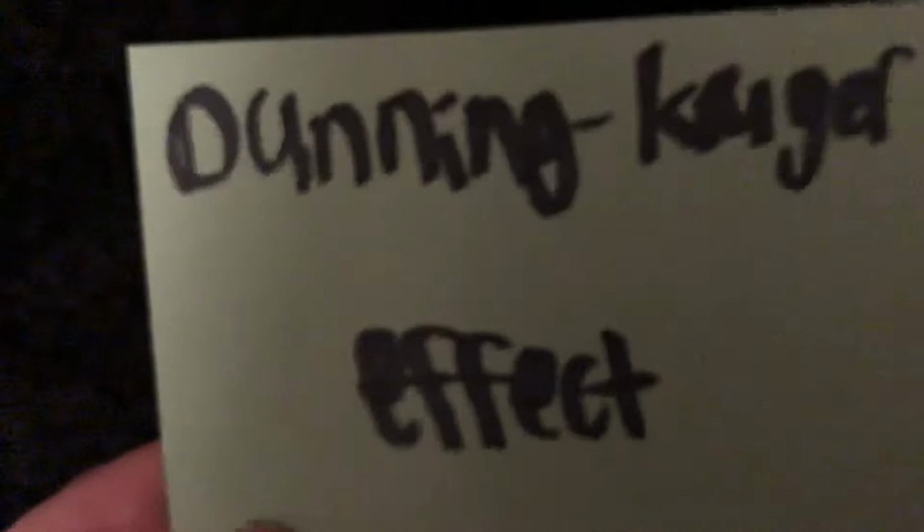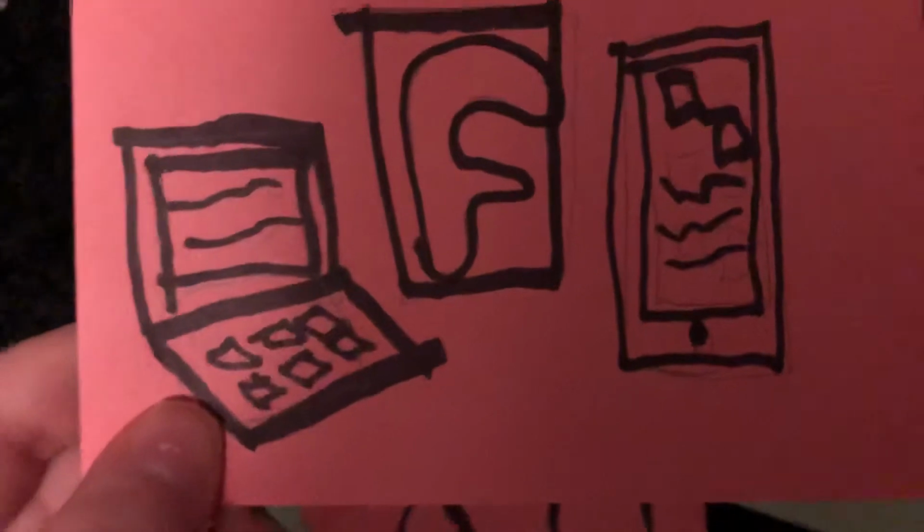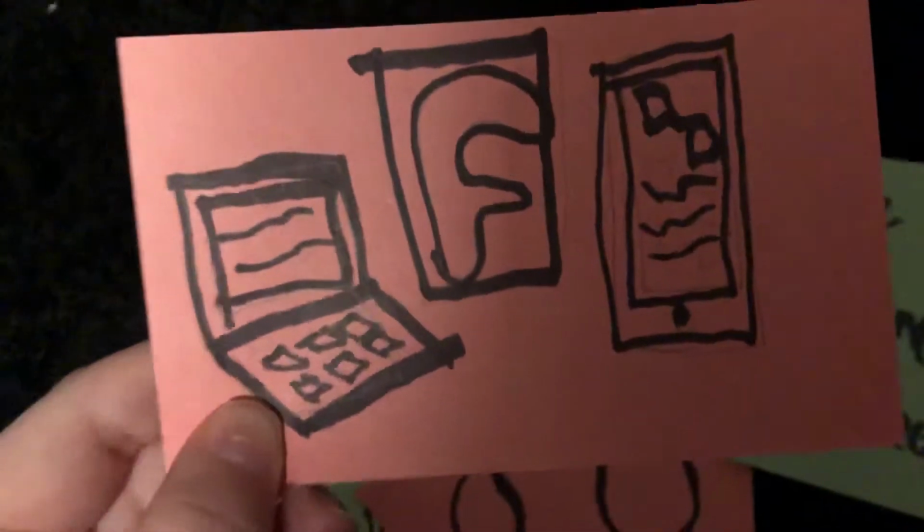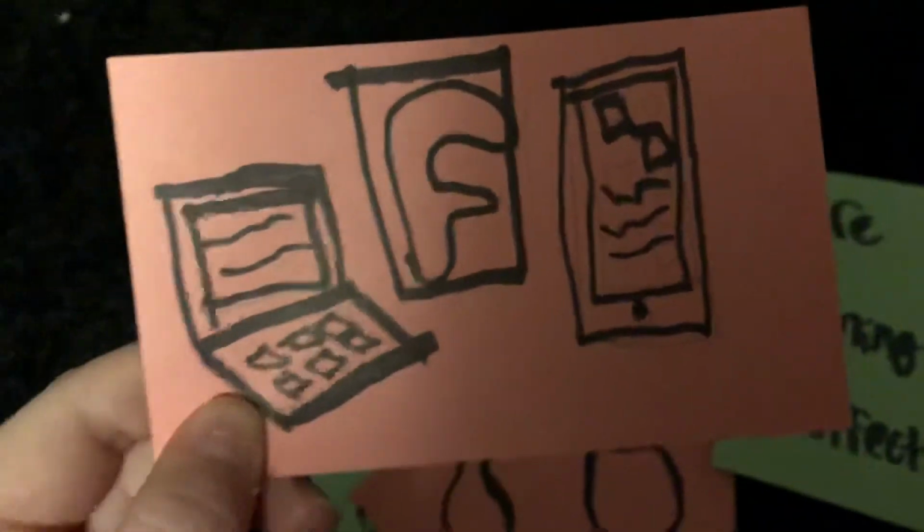That is where we read an article on Facebook, on social media, on really anything, a computer or a book, and we read a small portion of it, even on our phones, and we think that we know everything about it, and that we're experts now.